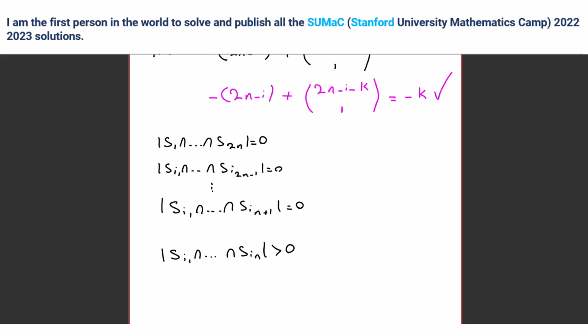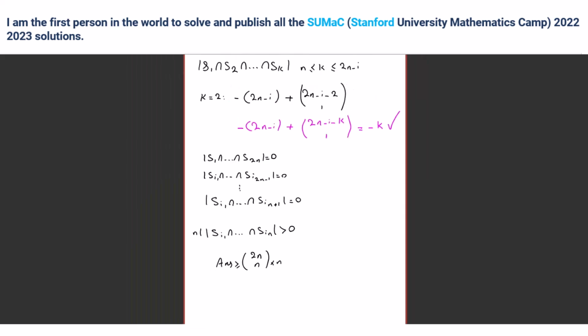Then each of them is positive, and we know that n divides them, so it would be 2n choose n times n elements. The answer is at least that. And by this action, you didn't change the number of elements. Okay, understand? So we proved this problem, complete, right?